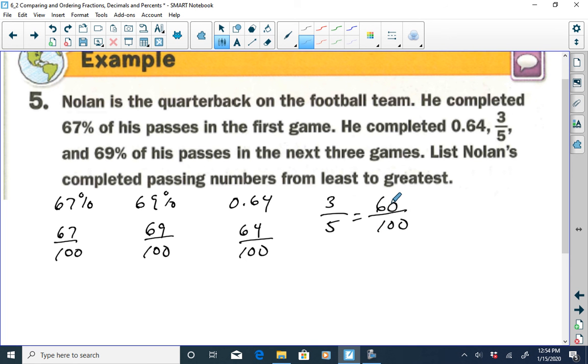So from least to greatest, we use the original values. 3/5 would be the least. Then we have 64 hundredths next. Then we have 67% and the 69%.